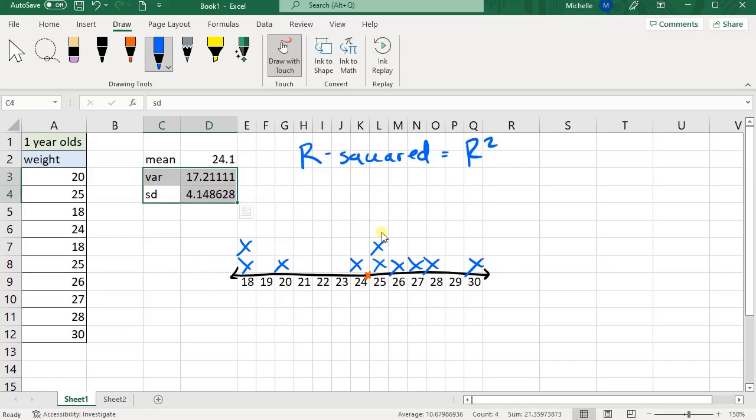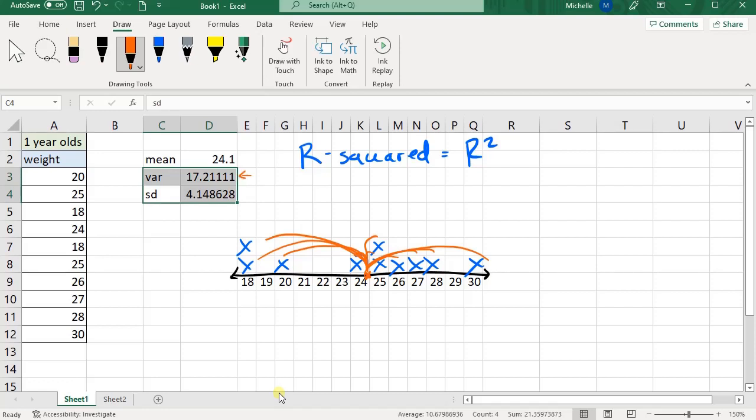But what's happening is basically we calculate this distance, let me mark it in red, the distance each observation is from the mean. Then, because we don't care about it being positive or negative, we square that distance, and we find the average of that squared distance, which is what variance is.